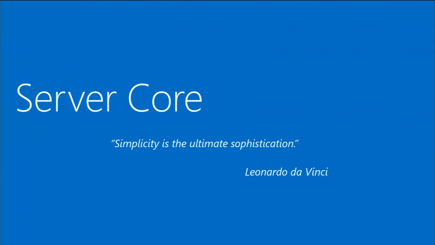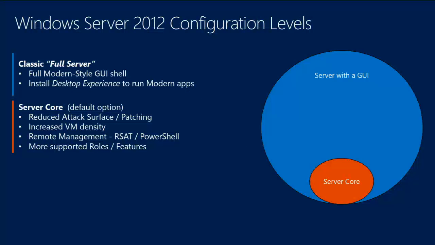And when we think about it in that mind, we think about Server Core because we don't see on-box GUI, graphical shells, being part of what a server is all about. A server should be about running the workloads which they're supposed to run. So the graphical shells are in fact not a necessity for a server to be able to do its job. Server Core is all about getting back to what a server really should be about.